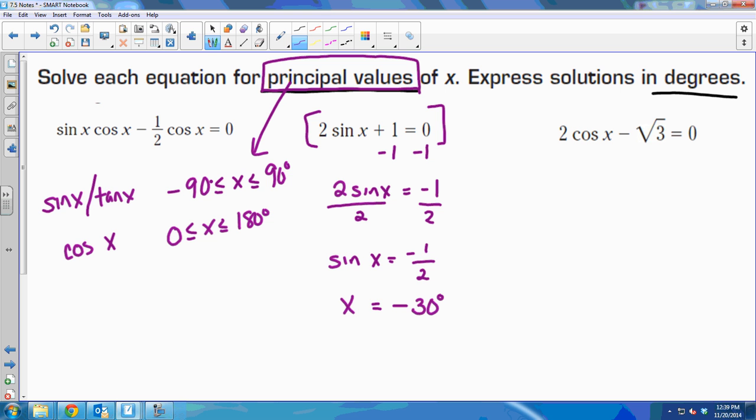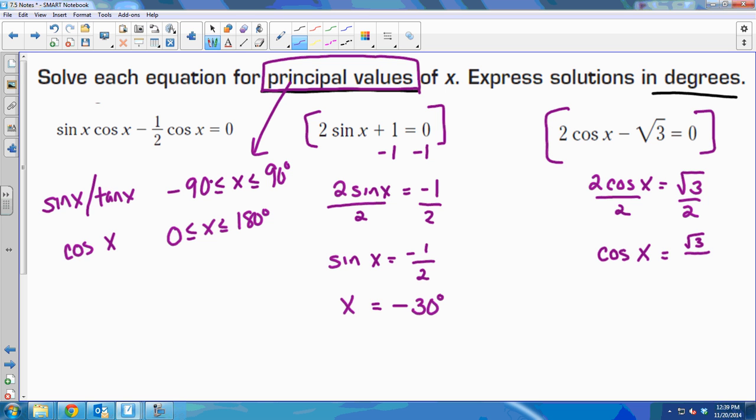All right, on the second one, we'll go back to the very first one in a second. So on this one, what are we going to do first? Add the square root of 3, and then divide by 2. So we're looking for angle measures where cosine is the square root of 3 over 2.